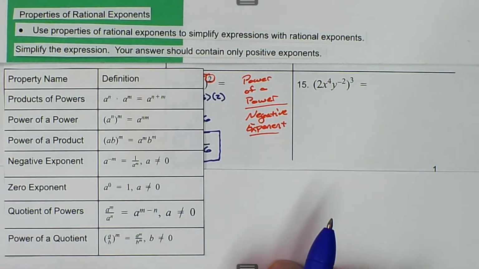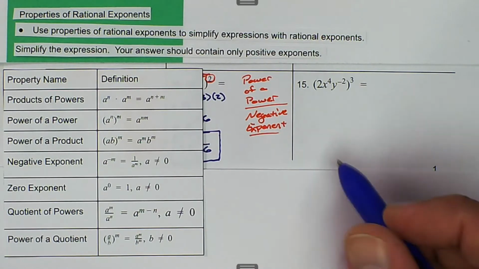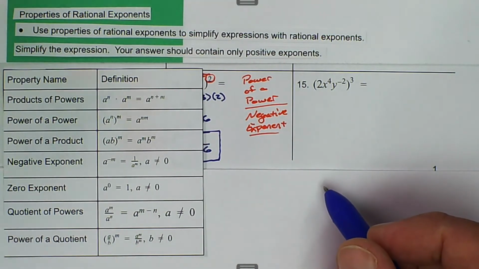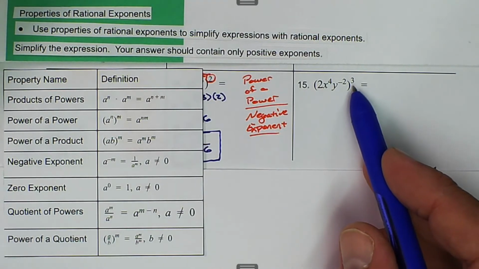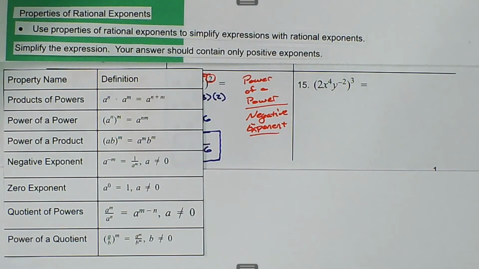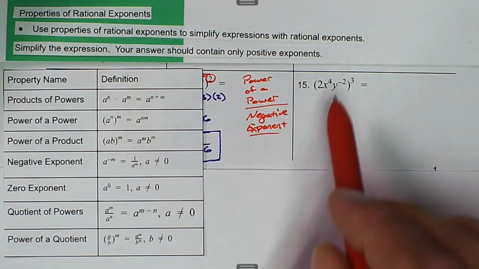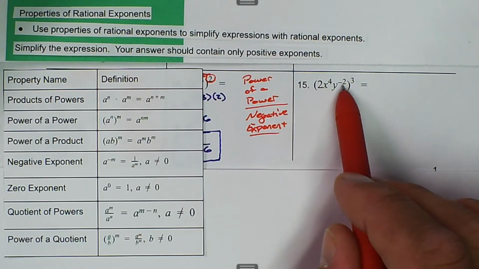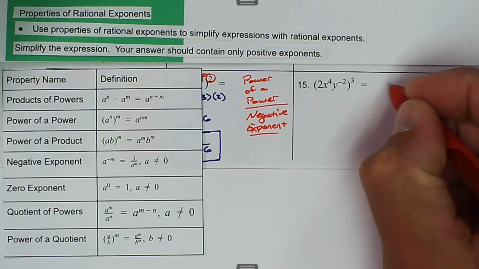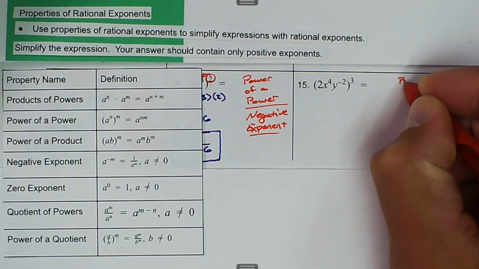The next one that we have is 2 multiplied by x to the 4th, multiplied by y to the negative 2nd, all raised to the 3rd power. So the first thing that we're going to do is power of a product, because we have 2 times x to the 4th and then times y to the negative 2nd. So that's going to be power of a product.